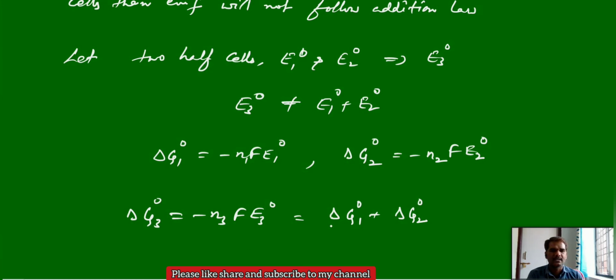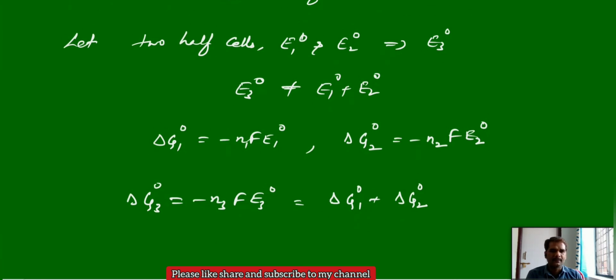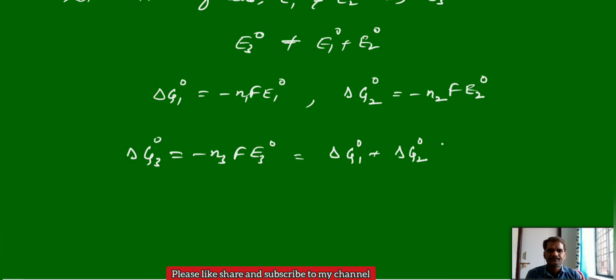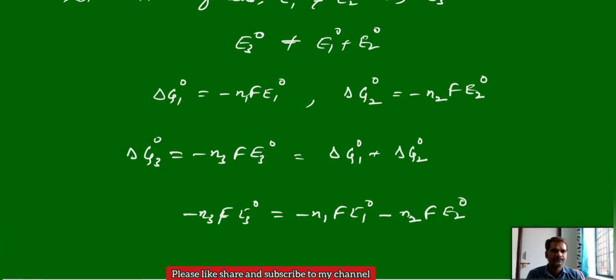This is the additive formula. You apply these values here: minus n3F E3 naught equals minus n1F E1 naught minus n2F E2 naught.